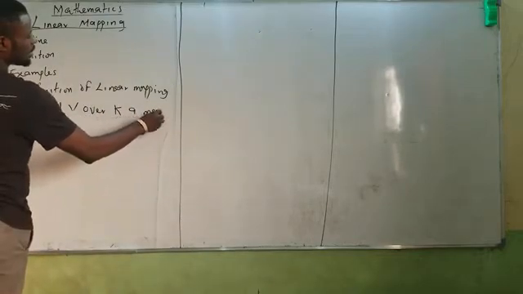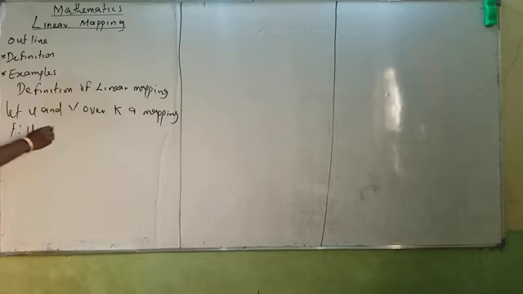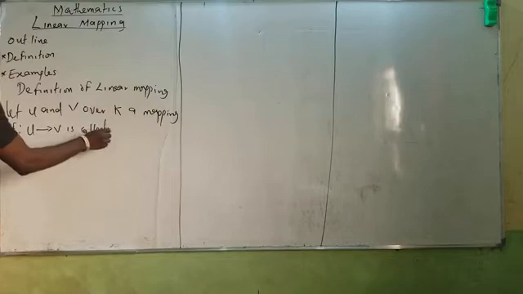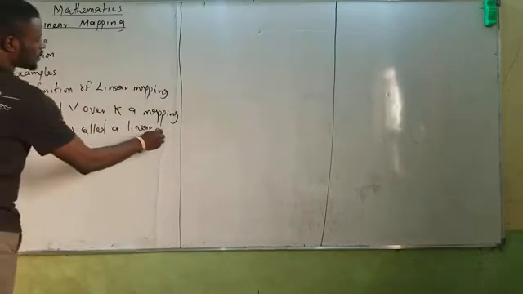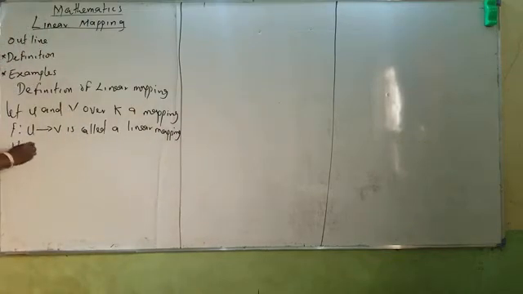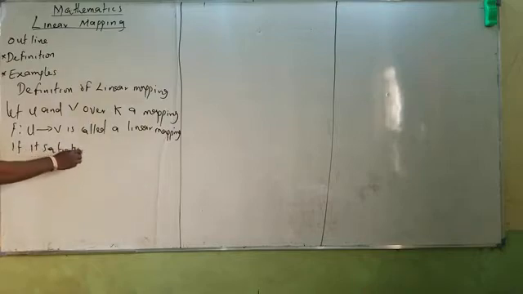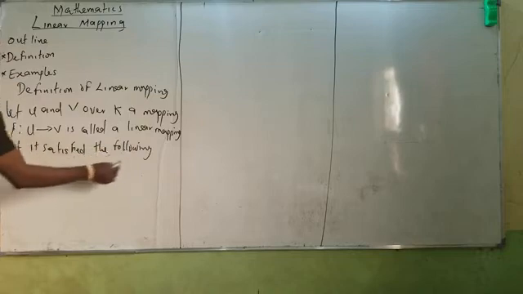A mapping F from U to V is called a linear mapping if it satisfies the following conditions.